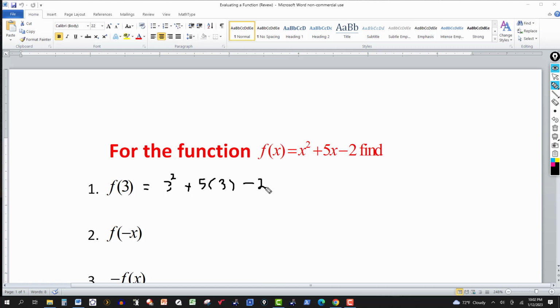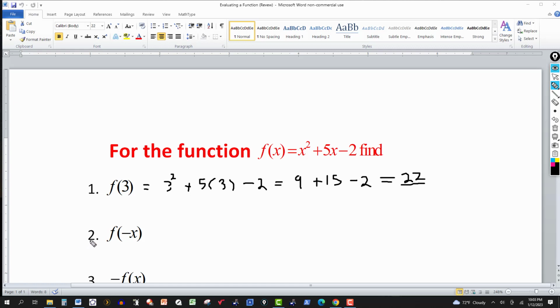Now we have nothing but numbers. We do the calculations. 3 squared is 9. 3 times 5 is 15, and then it's minus 2. So 9 and 15 is 24. Subtract 2 is 22. Just evaluating basic functions here.